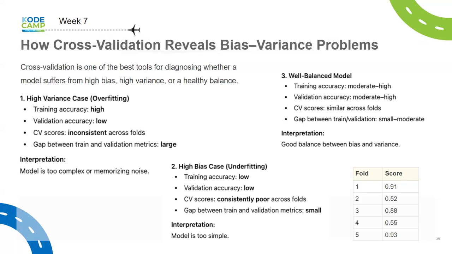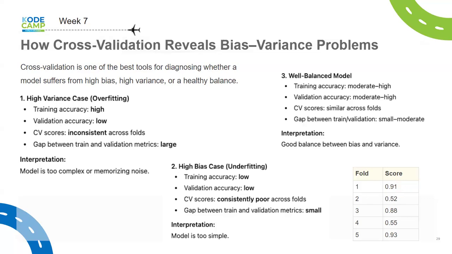This is very important for you to be able to tell, because when you choose a model, you need to know whether that model is going to overfit on the data that you have or not. For a case of high variance overfitting, your training accuracy will be high, but the validation accuracy will be low. And when you check the cross-validation scores, you see that they are inconsistent across the folds, jumping around like what we are seeing here.